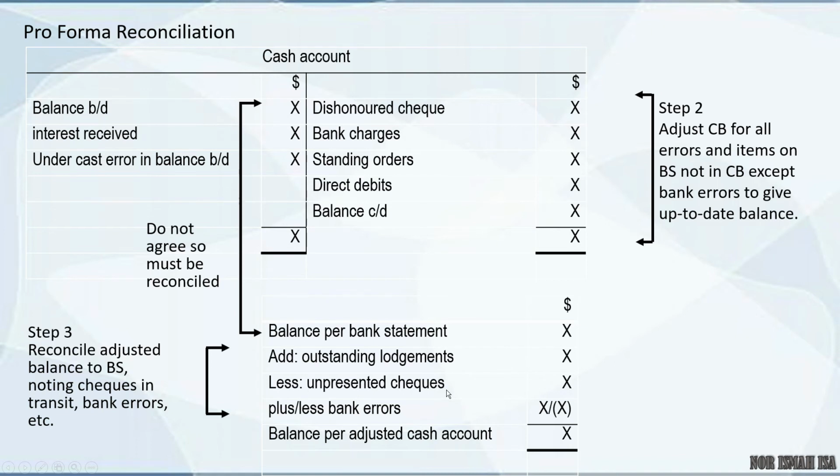As for errors by the bank, we look at what error it is, whether to add or to minus. Lastly, we will get the adjusted balance for the bank statement, which is similar to the balance carried down of the cash book. So this balance now agrees.